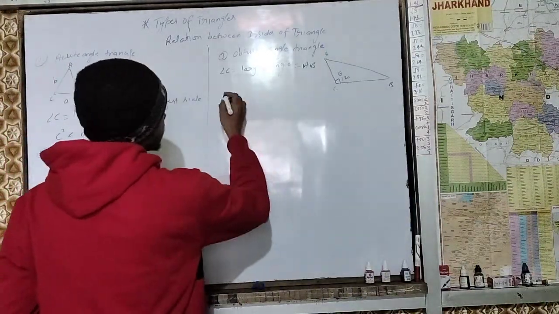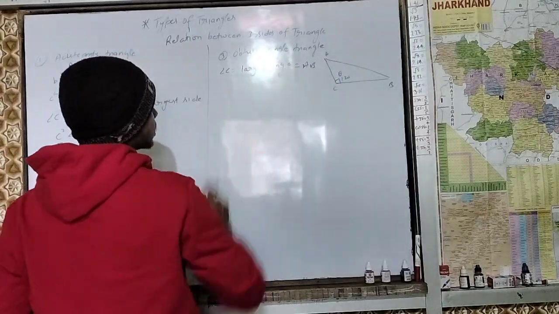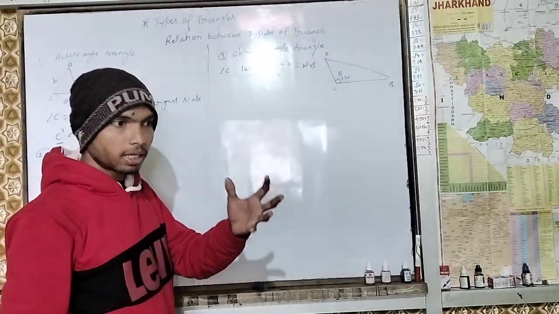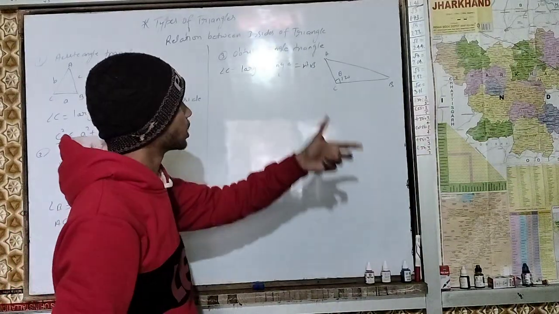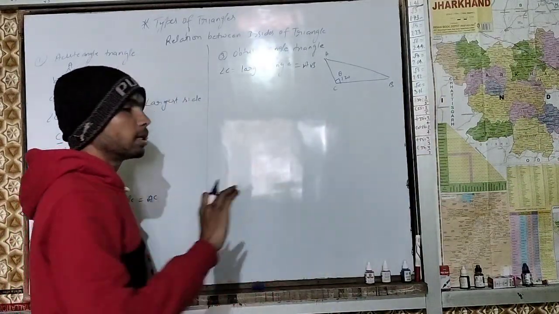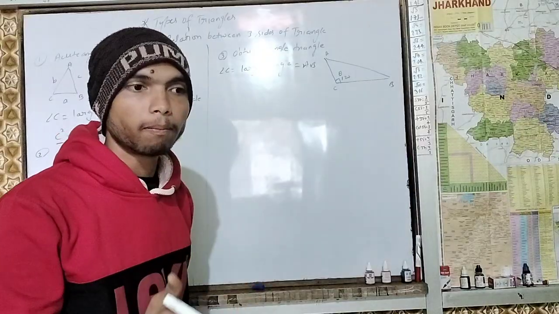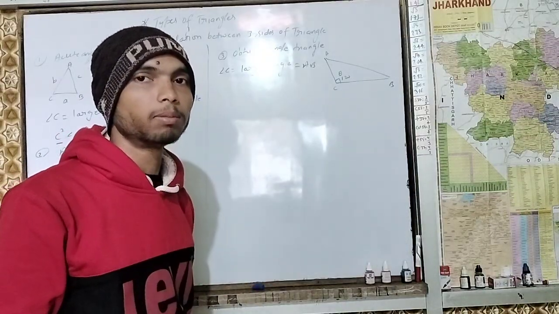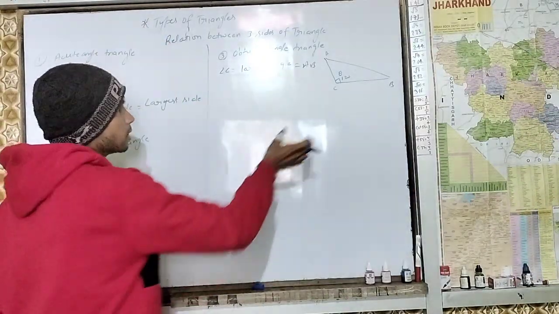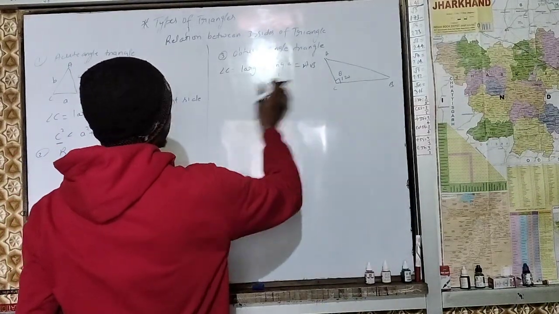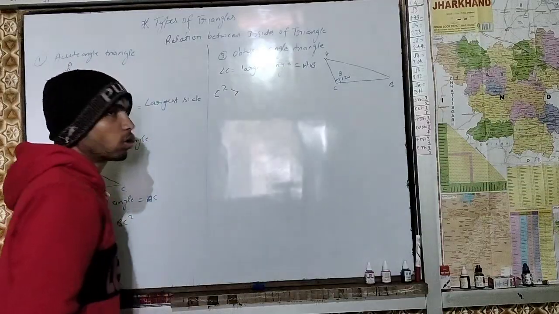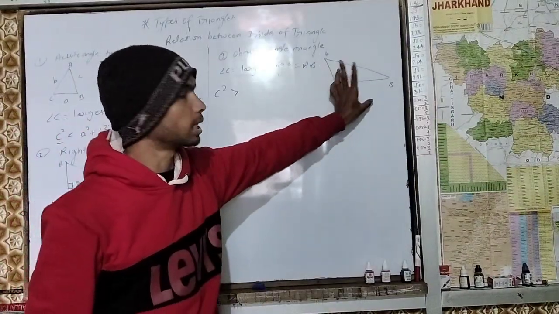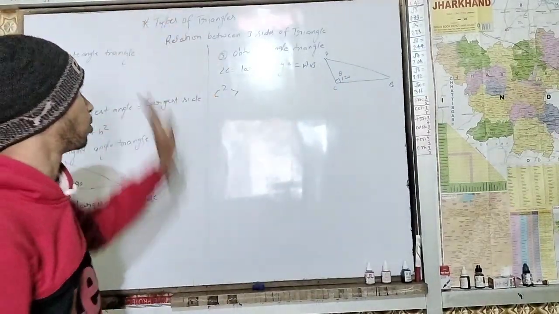Side C, which is in front of the largest angle, will be more than the sum of these two. C square is not equal to this and this, this will be more.